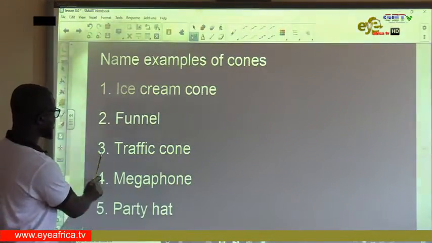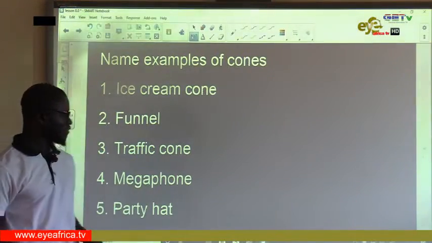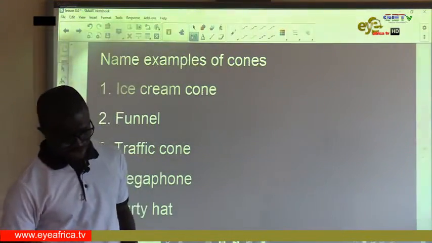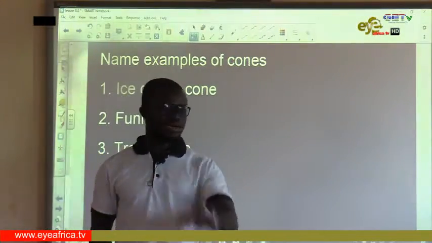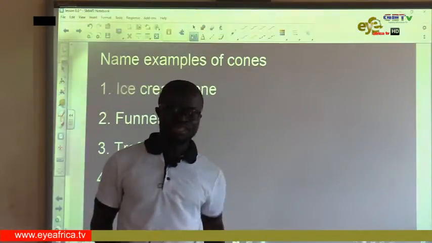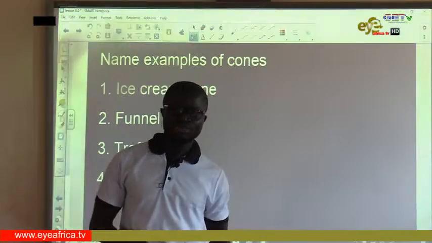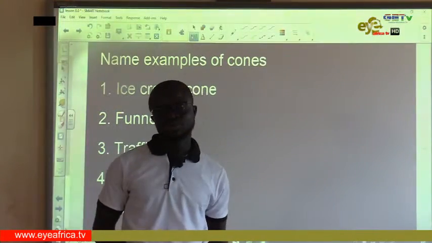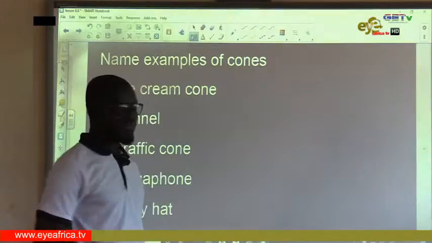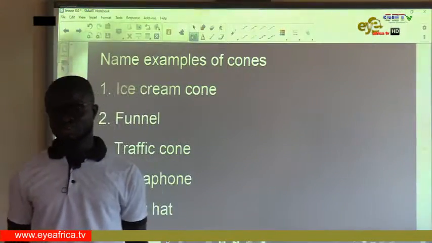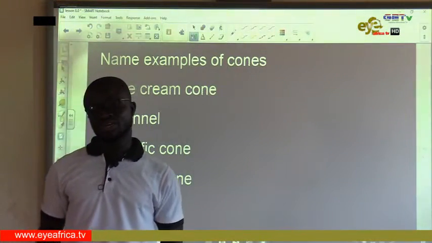Now, example 3 is the traffic cone. Maybe some of you don't know this traffic cone, but if you are using the road all the time, that is the road from Brikama to Banjul, most of these police officers use the traffic cone in regulating the traffic.